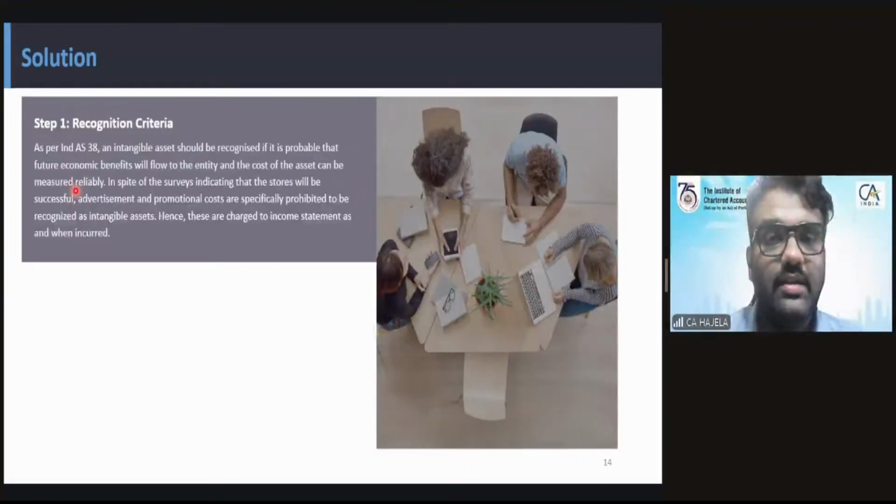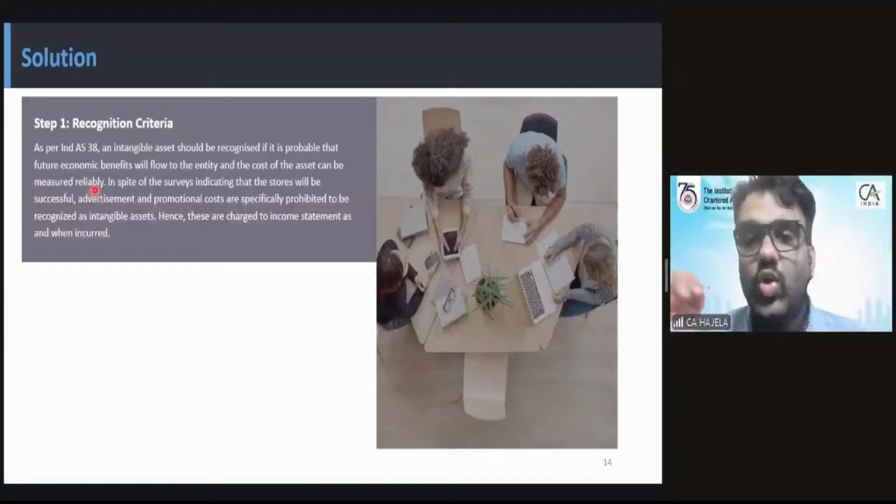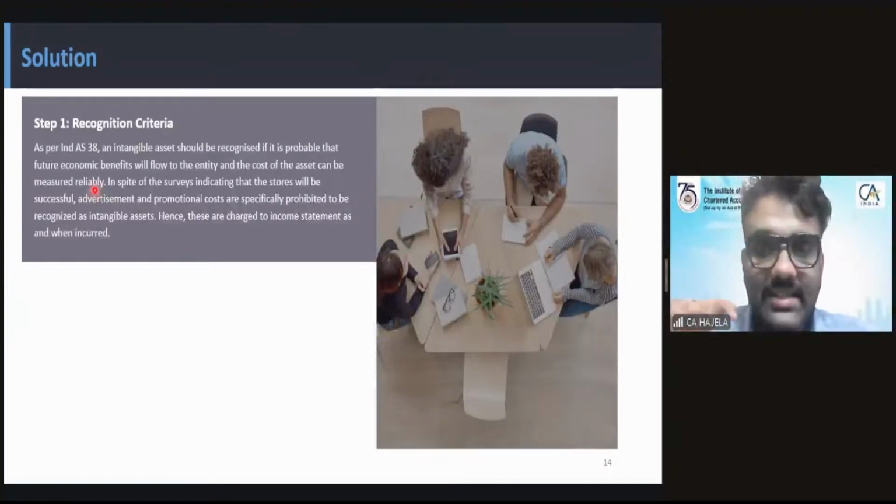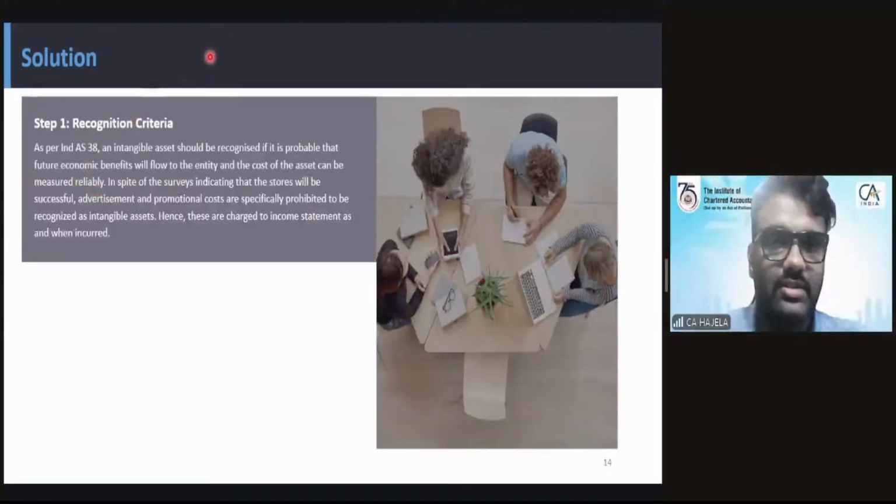Right? That is why, for this very reason of value should be reliably measured, no company can recognize a self-generated goodwill as an intangible asset. I think you guys are aware of this. Let me repeat myself.